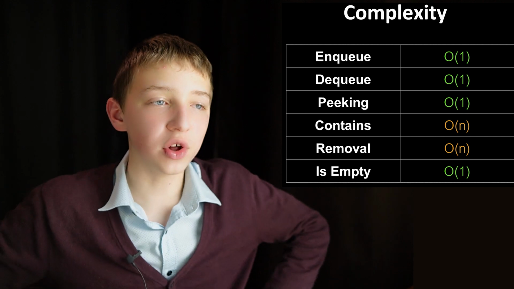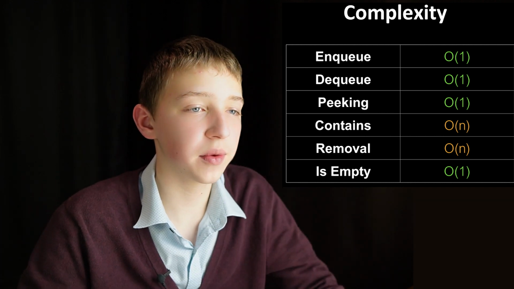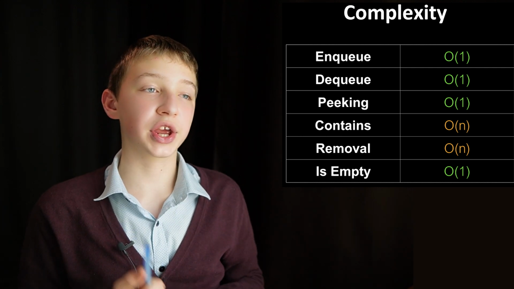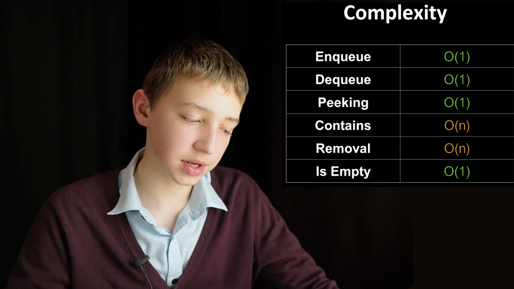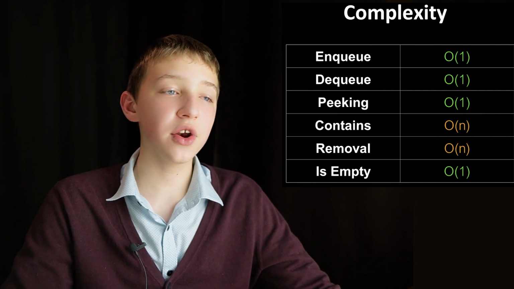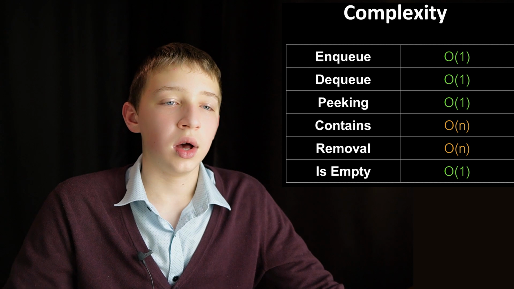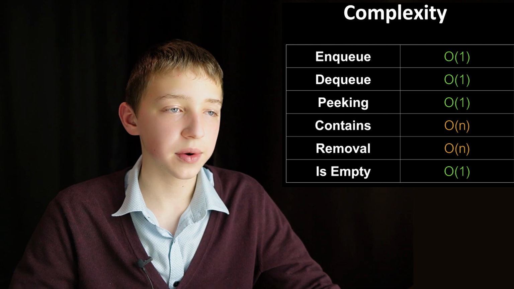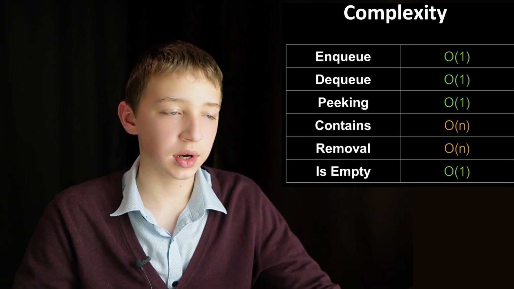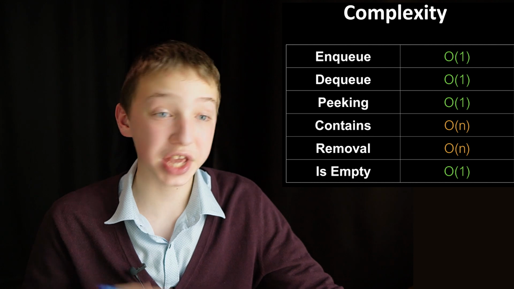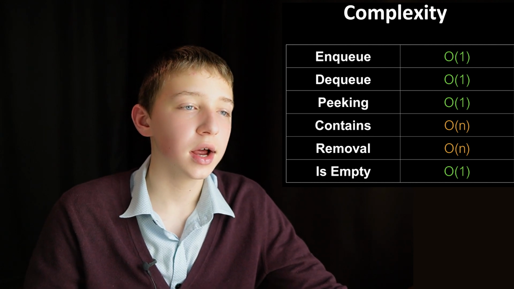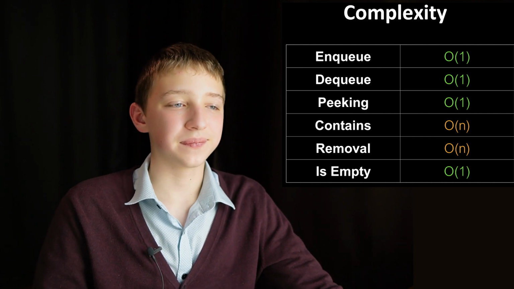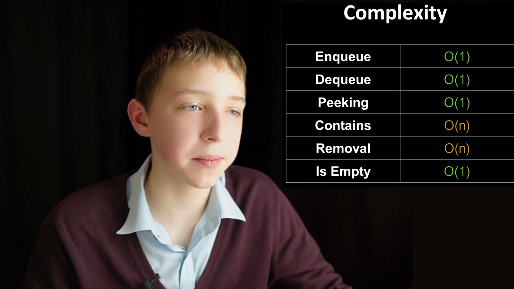The removal, not from the front of our queue but of some arbitrary element, takes linear time, because we will need to look through and scan every element before we remove it.